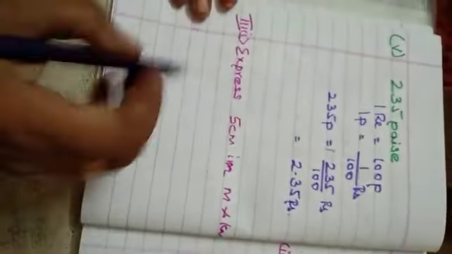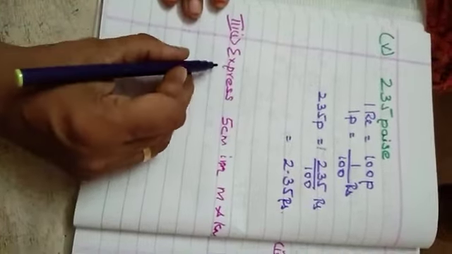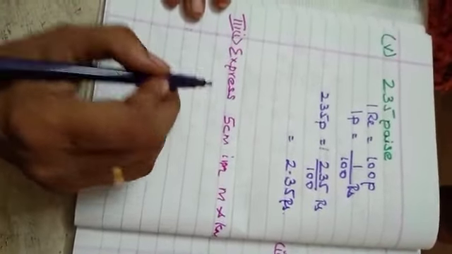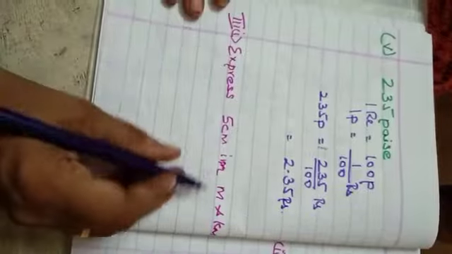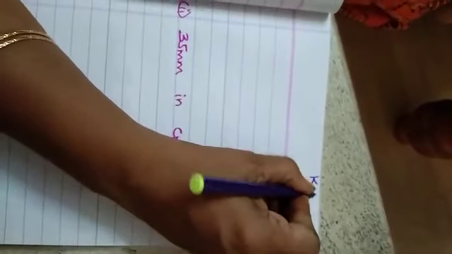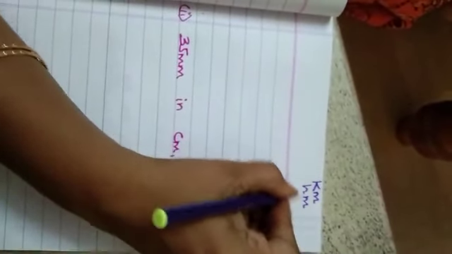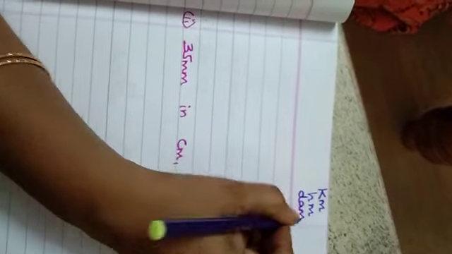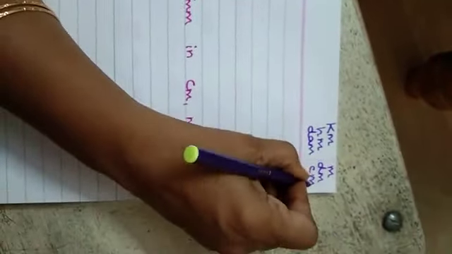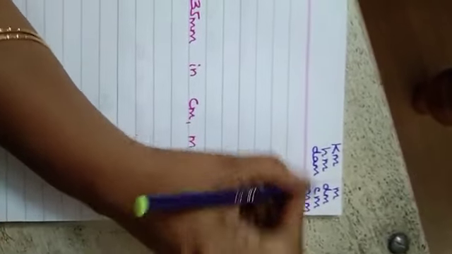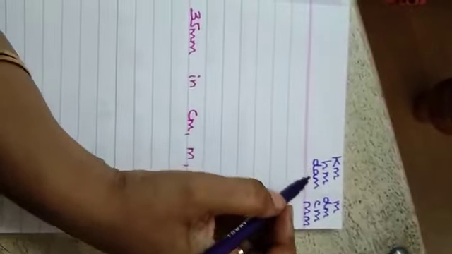Now let's go to the third Roman letter. Before going to the third Roman letter, I will just tell you a slogan on metric measures. That is kilometer, hectometer, decameter, meter, decimeter, centimeter, millimeter. All of us cannot always remember this in our mind, so I'll tell you a small way to remember.